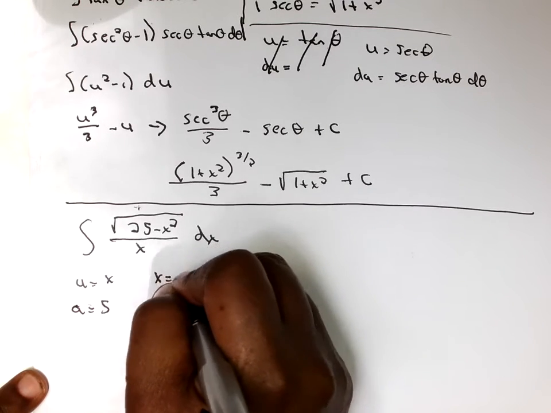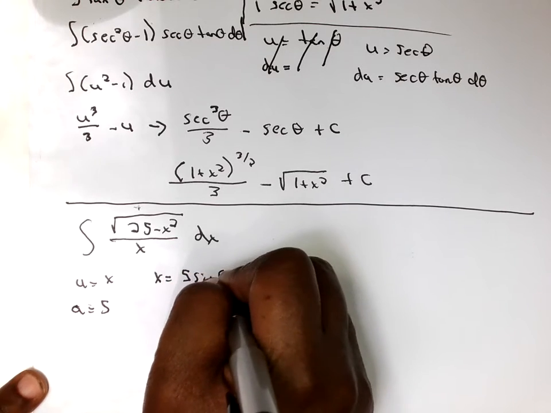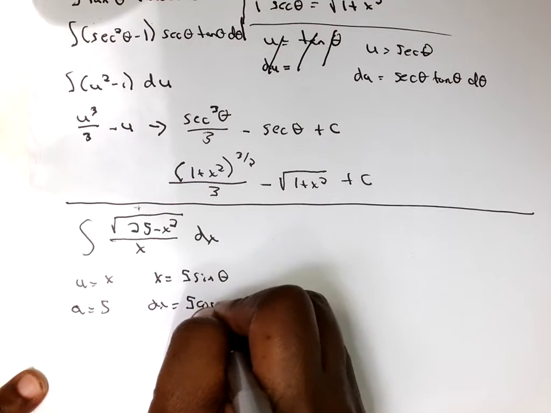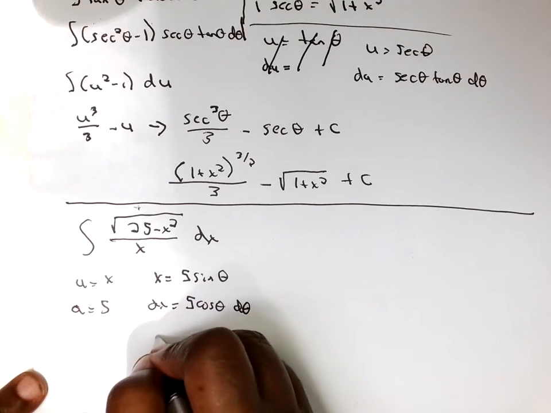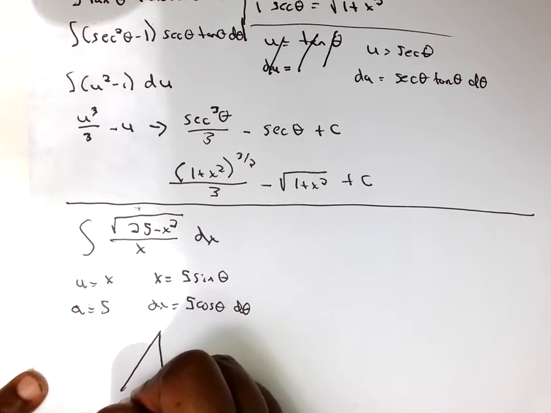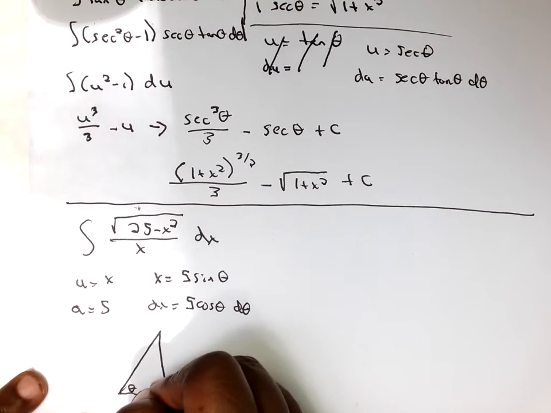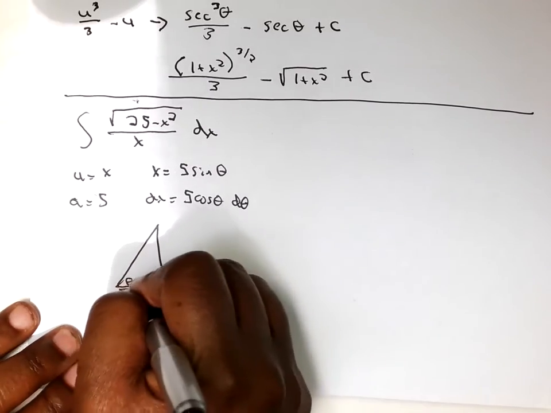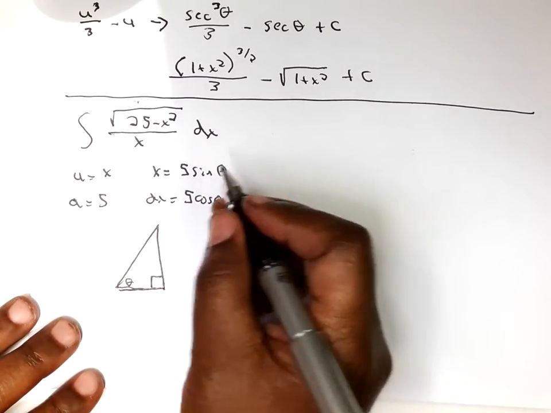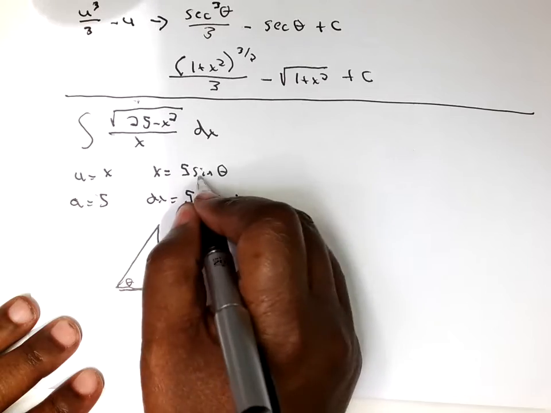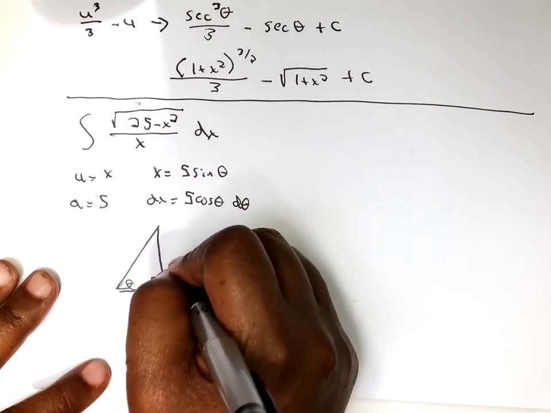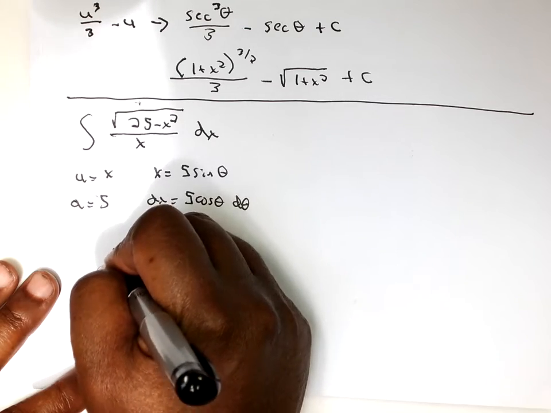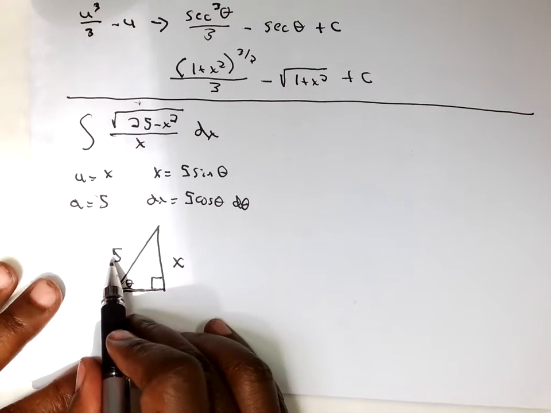So I get x equals 5 sine theta, dx equals 5 cosine theta d theta. So here's my right triangle. And so since x is 5 sine theta, then we have x over 5, the sine's opposite over hypotenuse.